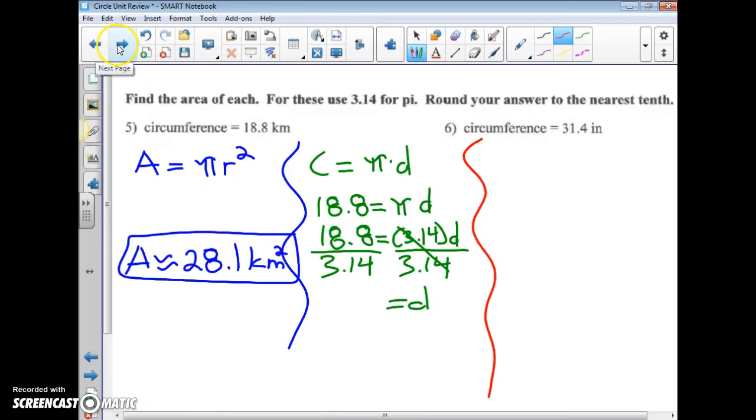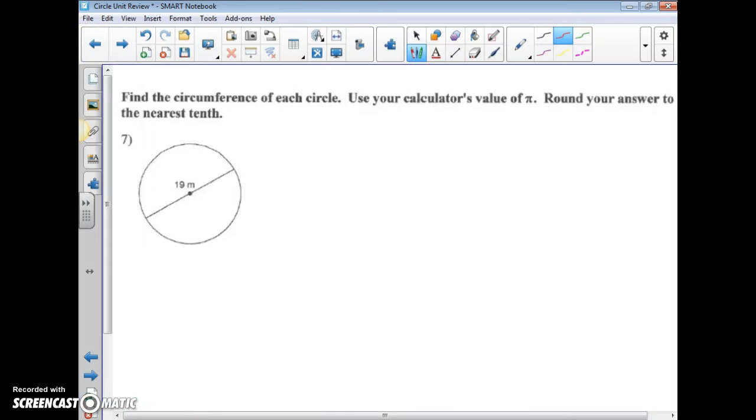All right, number 7. On number 7, it asks, find the circumference of each circle. Use your calculator's value of pi. Round your answer to the nearest tenth. So circumference is pi times diameter. I'm given the diameter in this problem. It's 19, so pi times 19.